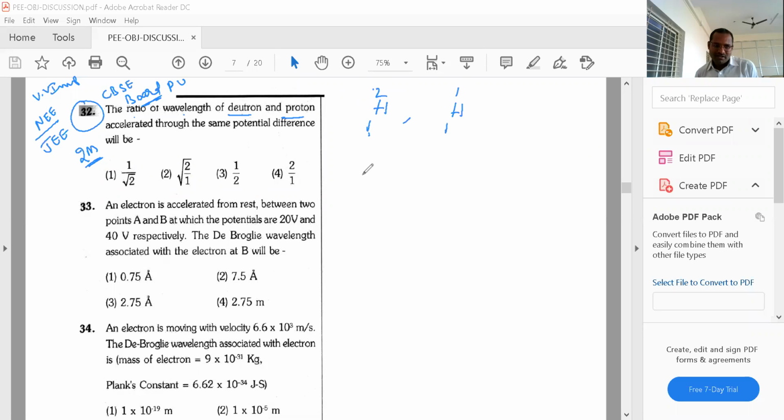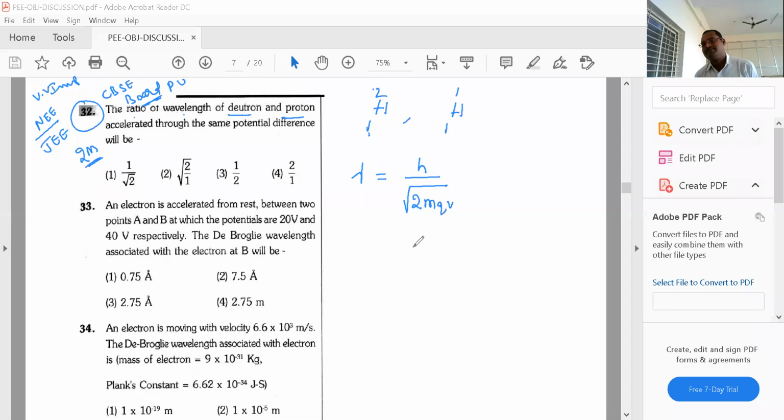So we know de Broglie wavelength lambda is equal to h by mv, or it can be written as h by root of 2mqV. Potential difference is given. E means nothing but charge, so 2mqV we can write.